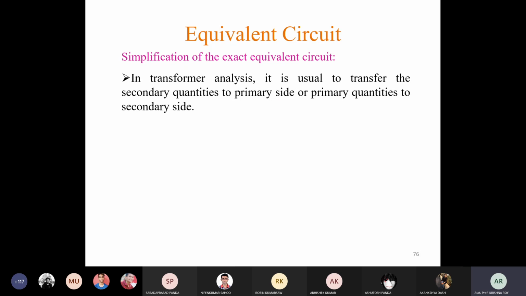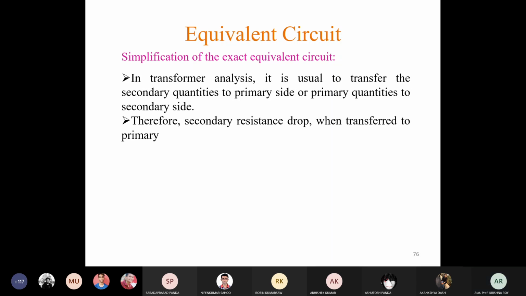That is one kind of simplification which will simplify our calculations while using the simplified version of the equivalent circuit.